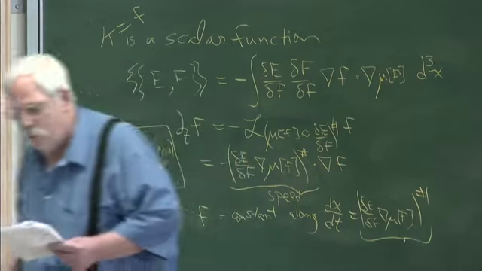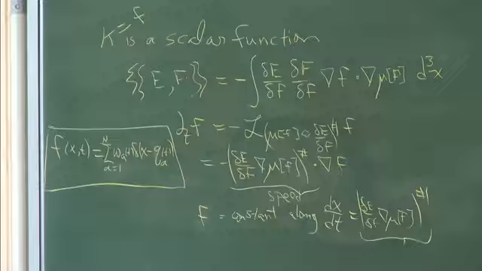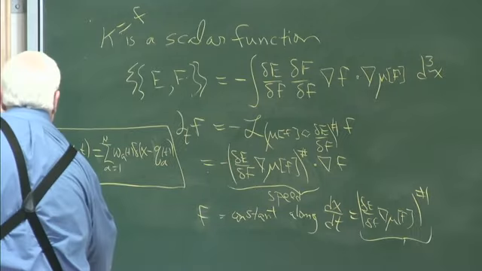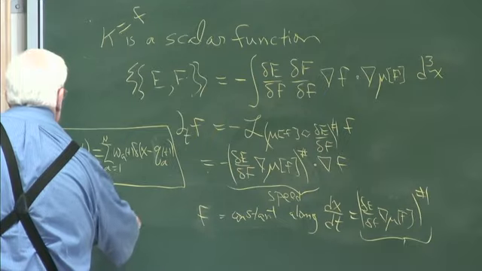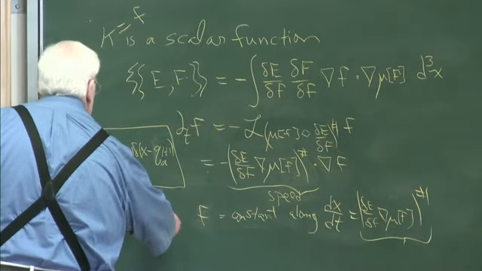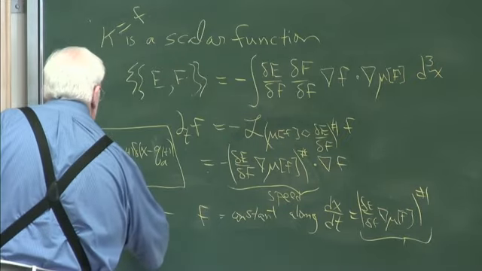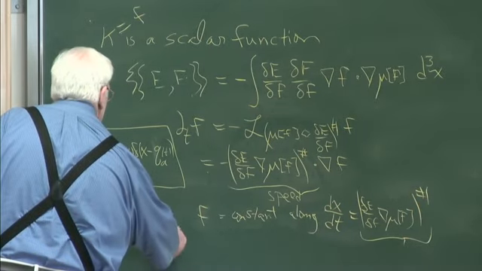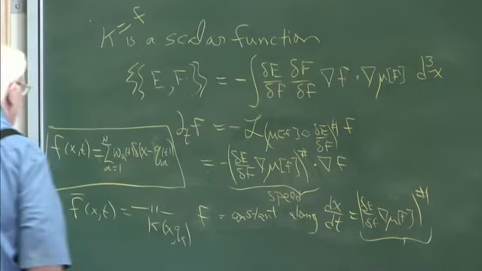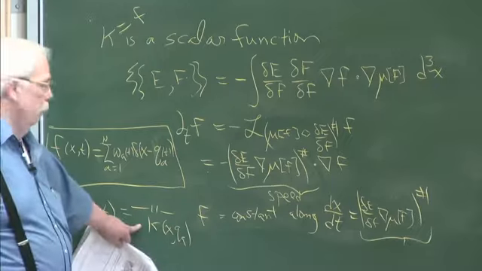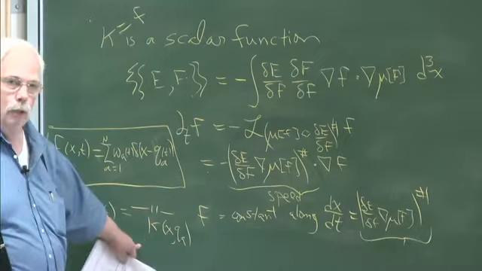And the average of F, which is K star F, the convolution, the filtered version of x and t, will be this thing with K of x and Q_a, because when we convolve the Green's function with a delta function, it just evaluates the Green's function.